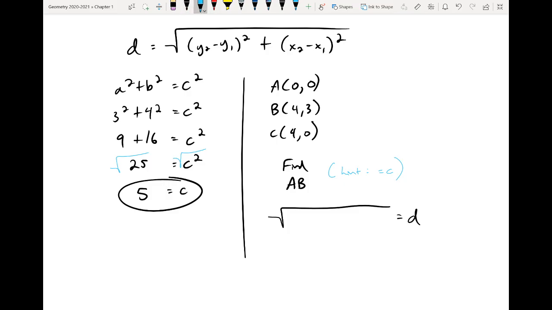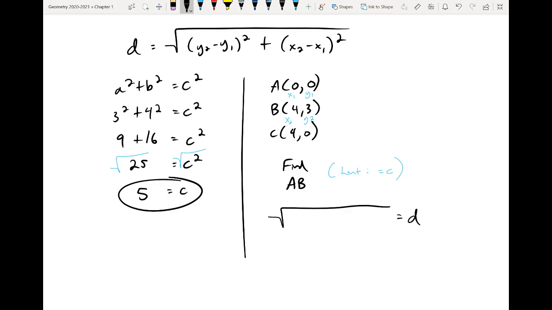So A, I'm going to say this is x sub 1 and this is y sub 1. And for B, because I'm finding AB, this is going to be x sub 2 and this is y sub 2. I strongly recommend that you label your points for now, just so that you see where you're substituting things. It's intuitive for you. And you don't make as many mistakes.